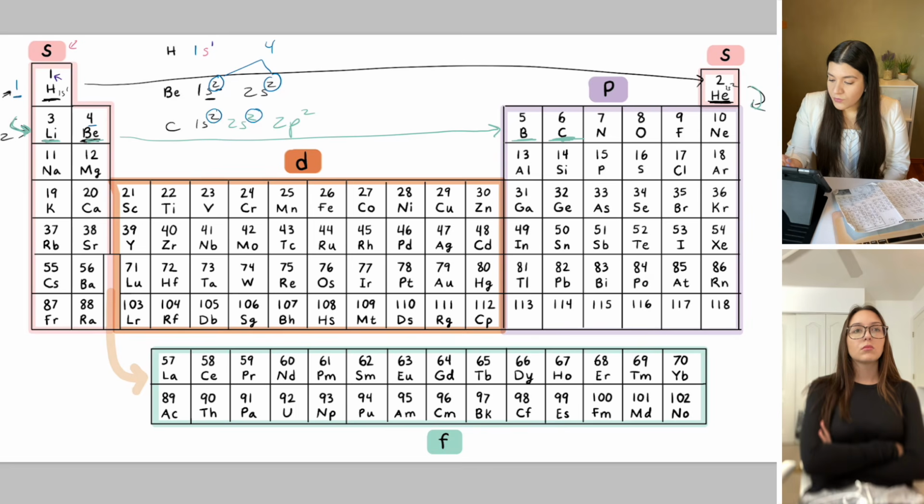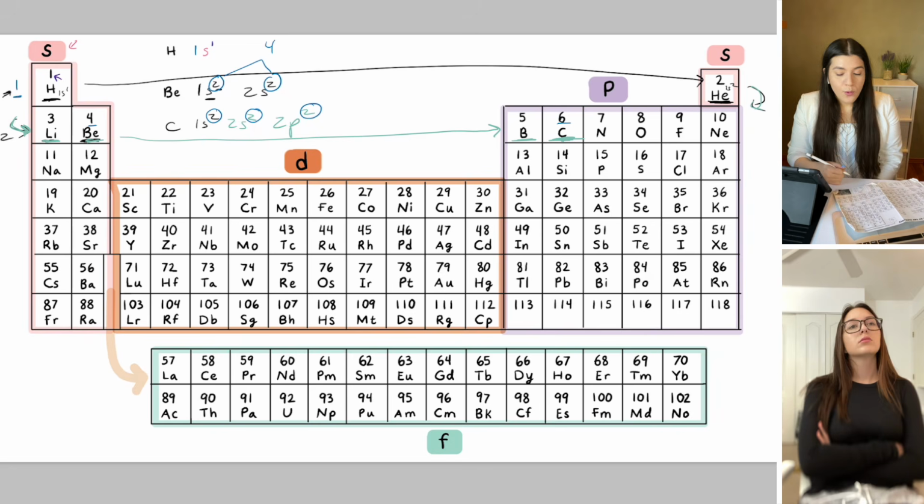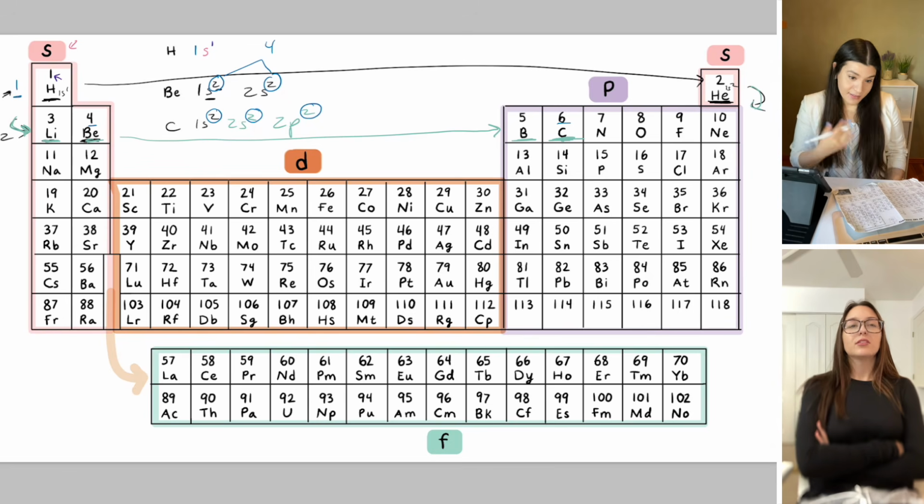So 2, 4, 6. Carbon has 6 electrons. So you might get a question where they give you the electron configuration and ask you to figure out what element it is. And that's a trick. Just add everything up and that'll give you the correct amount of electrons. Okay, got it. And then you would just find it on the periodic table. Yes.